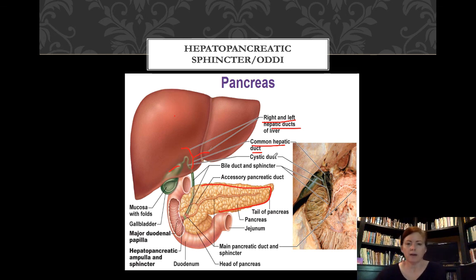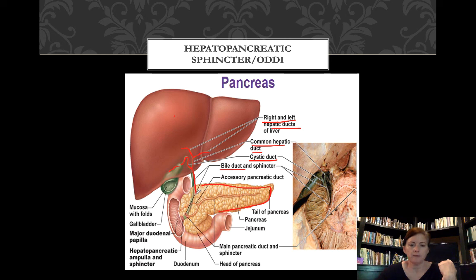Now we're also going to have a duct coming from the gallbladder, and we call that the cystic duct. So gallbladder, again, it's going to store the bile for us, and it's like a little muscular sac. So when it's stimulated by CCK to contract and release its stored bile, it's going to send its bile out through the cystic duct, which is going to join in with this common hepatic duct to create a common bile duct.